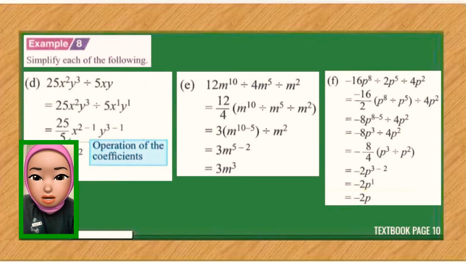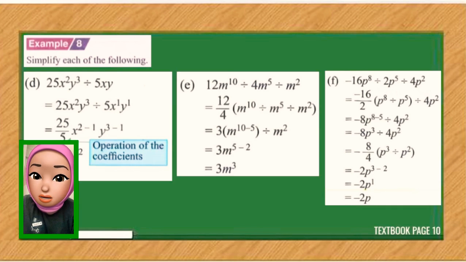Now, after you divide negative 16 over 2, we will get negative 8p. Then you have to group together the power and solve it. 8 minus 5 divide 4p to the power of 2. Then we need to solve the next coefficient, negative 8 over 4.